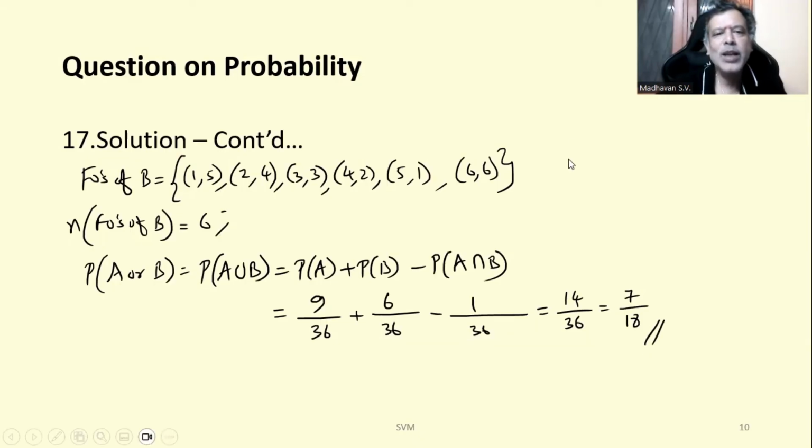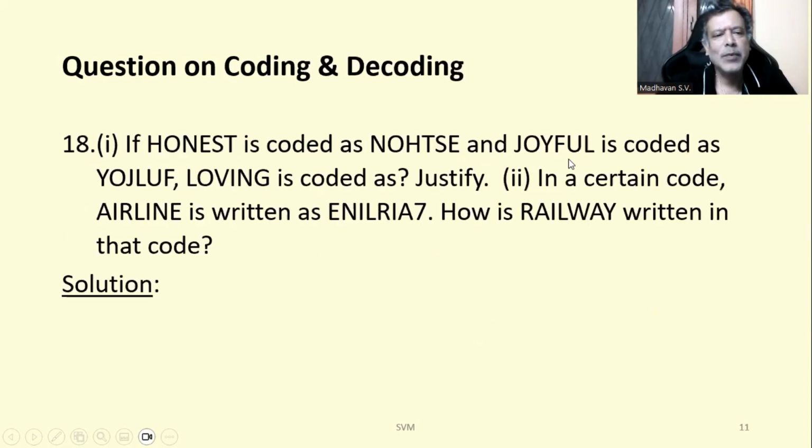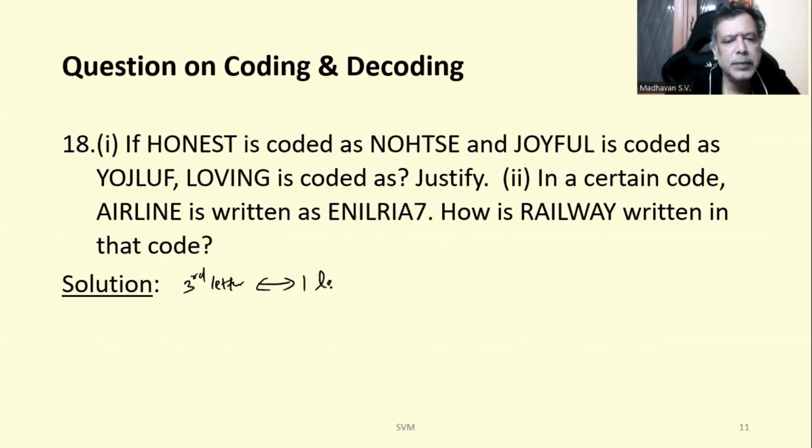Now let us move on to the next question. If honest is coded as NOHTSE, joyful is coded as YOJLUF, then loving is coded as what? So you may notice that in honest, the third letter is interchanged with first letter.